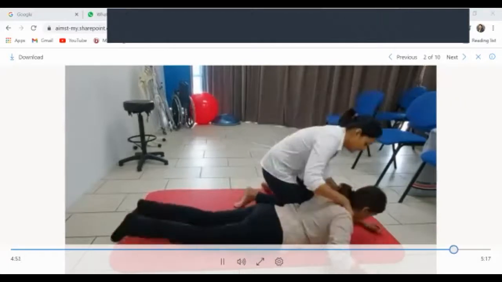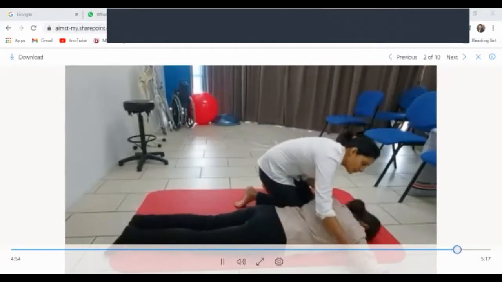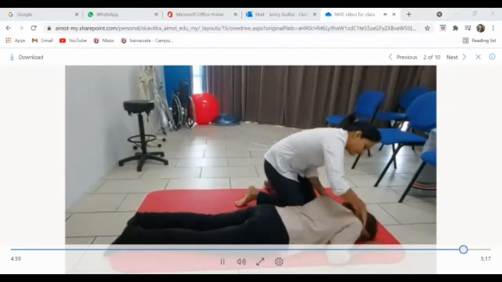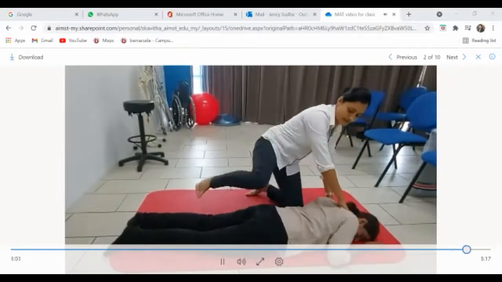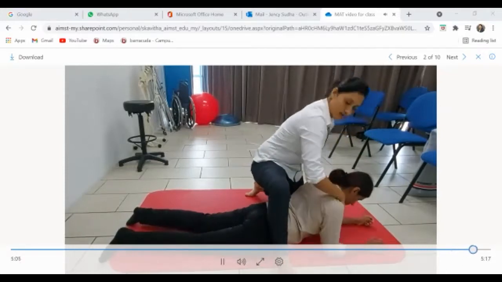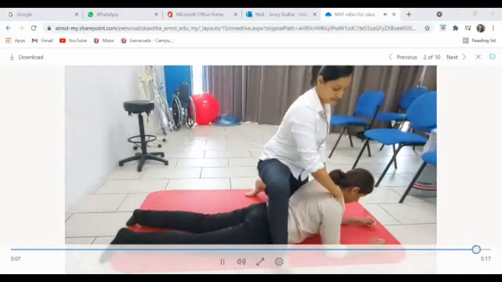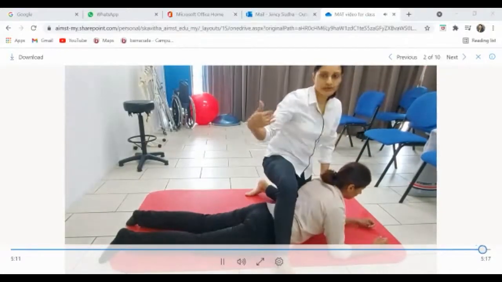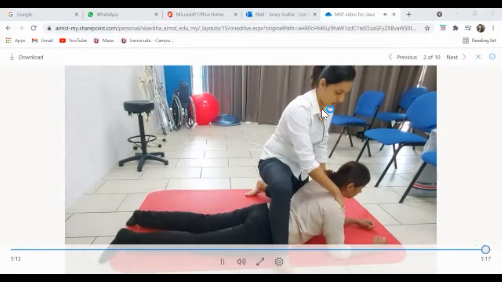Then if you want to start from prone to prone on elbow, we can slightly put the hand and I can keep my leg this way. If this can be done after prone to prone on elbow rather than prone to supine rolling, we can continue with that. This way.